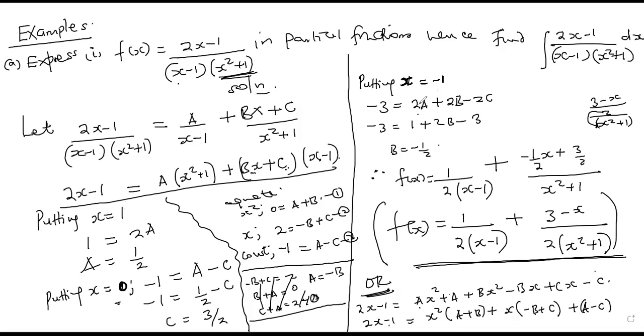Otherwise, the expression can be expanded and coefficients of x on either side equated. So you can conveniently look for values that can easily get you the values of A, B, C, or you can expand and equate coefficients and then solve the simultaneous equations there. So allow me to move on to integrating.